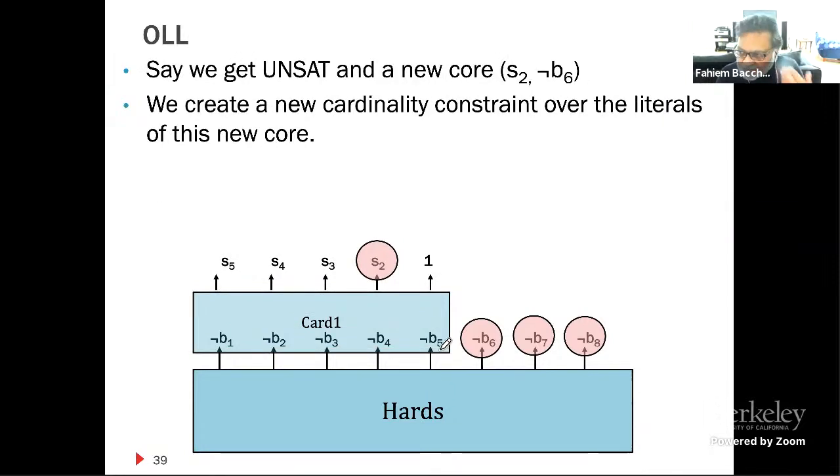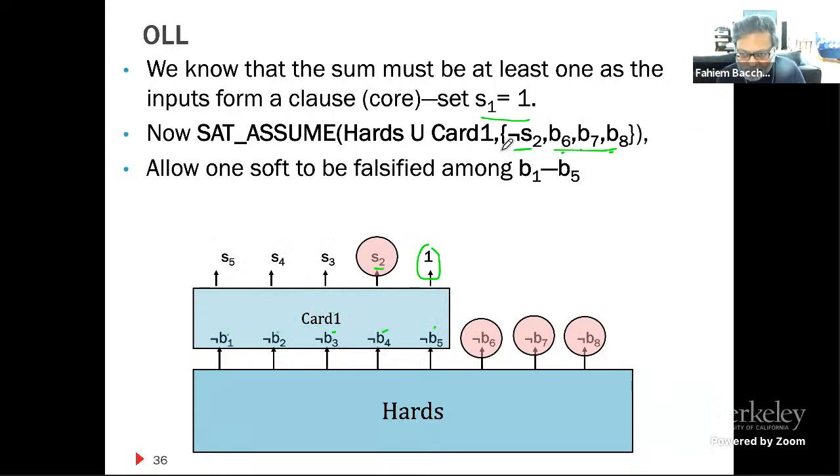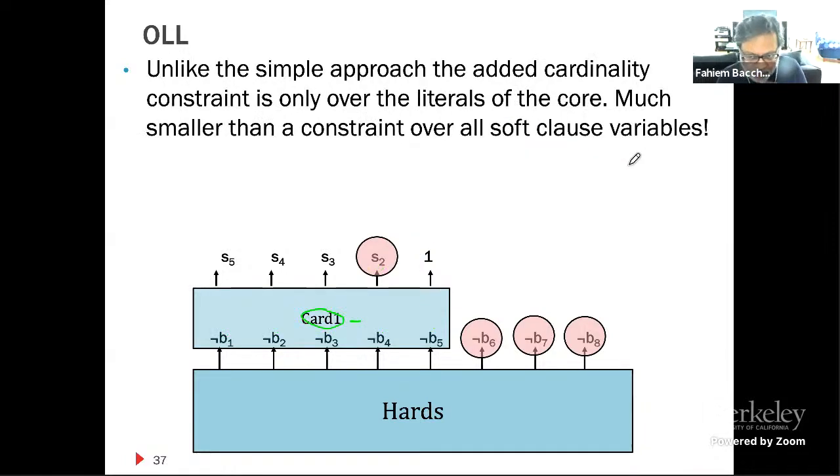So what you do is this additional SAT solve. And suppose you get unsat one more time, and you get a new core. Again, the new core has to be a negation of one of these literals here. That's what SAT solving under assumptions does for you.